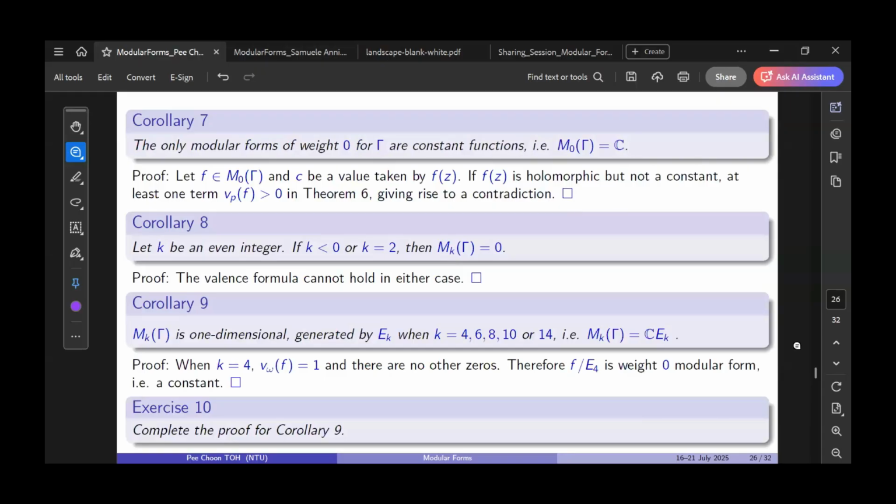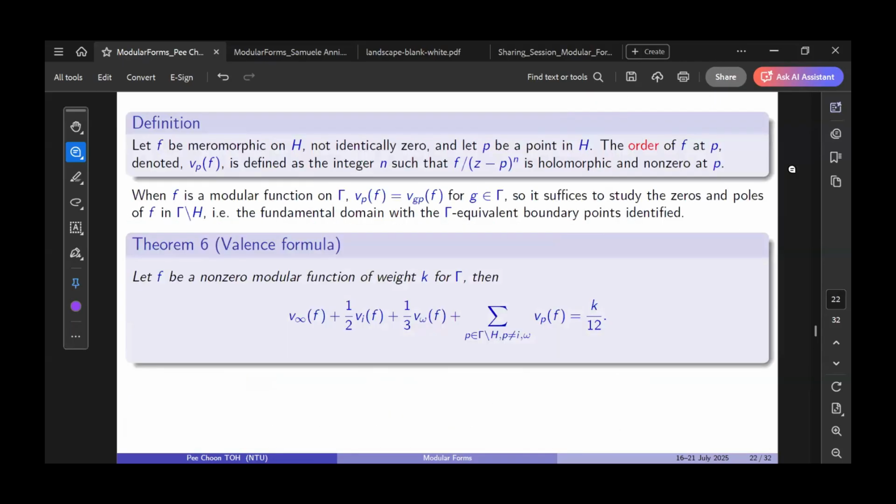Then corollary A: let k be an even integer. If k is negative or k is equal to 2, then the only modular form of weight k is the zero function. Why? Because once again, we use the valence formula.